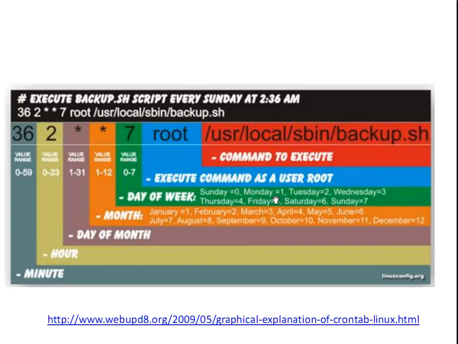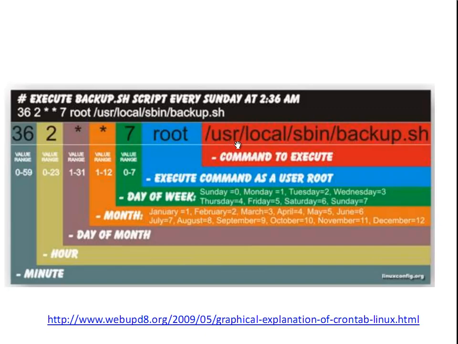If you had an asterisk in this column, this would mean every day of the week. Finally, something you didn't see in the previous simple example is the word root. And what this is saying is execute the command as the root user. If you don't have the word root in here, then it's going to be run as the regular user that created the Crontab job.